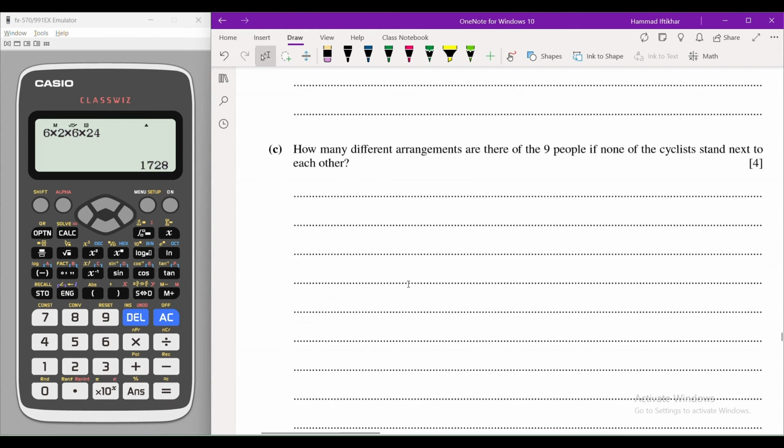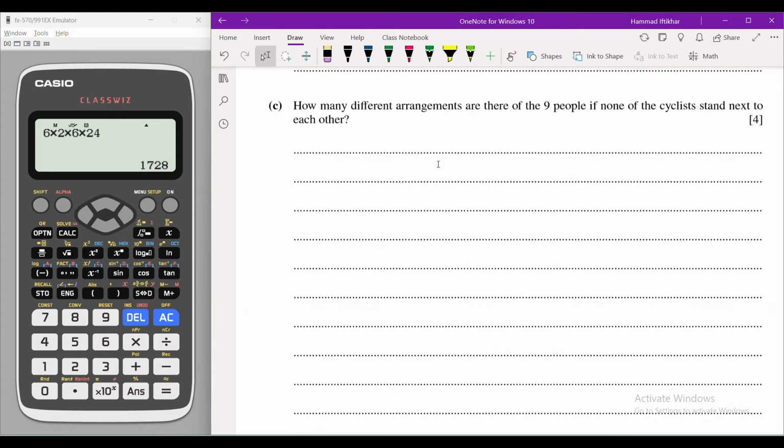Right, okay. How many different arrangements are there of 9 people if none of the cyclists stand next to each other? Now, this is a tricky question, and we'll do it 2 ways. So we have 9 people, 1, 2, 3, 4, 5, 6, 7, 8, 9.